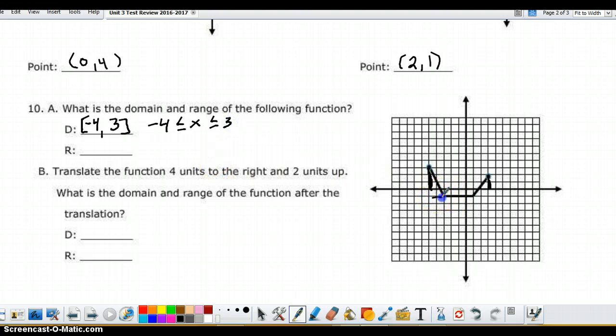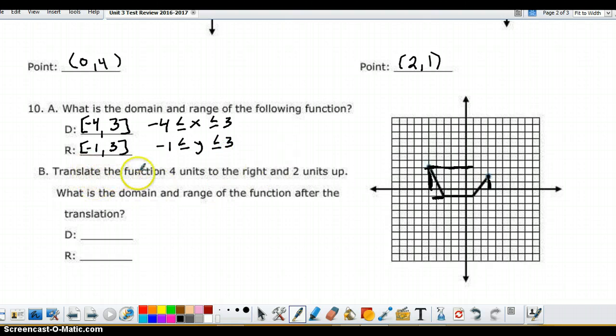The range down here is the bottom, so that's negative 1, versus the top of the graph, which is right here, which is at 1, 2, 3, or negative 1, y, 3.